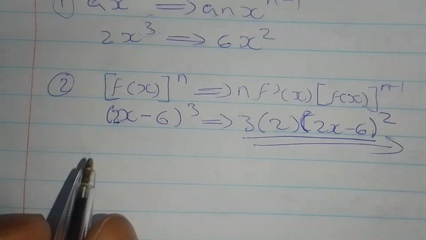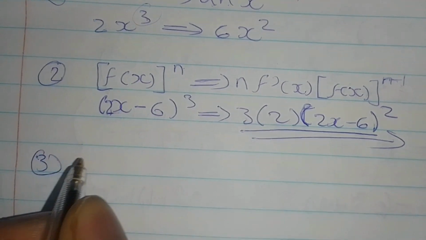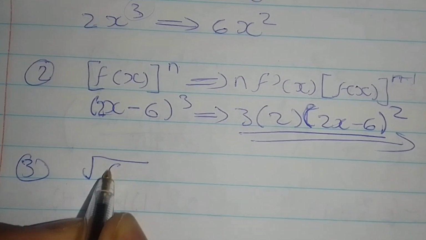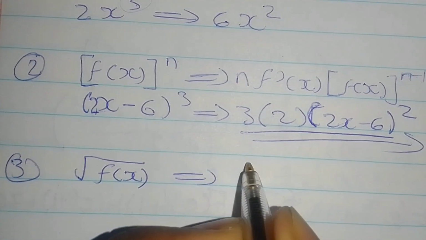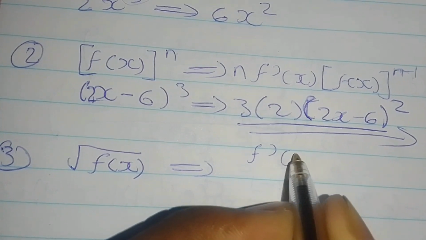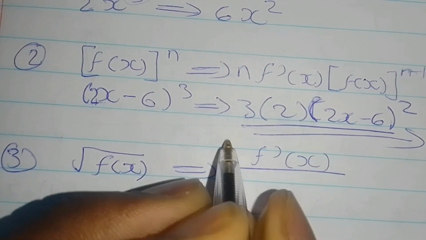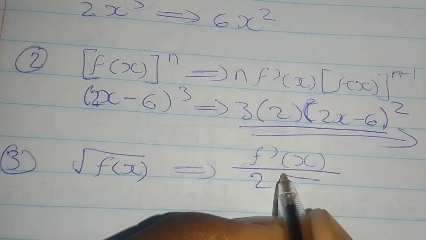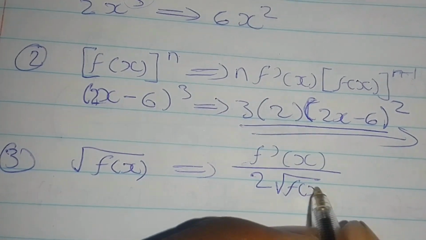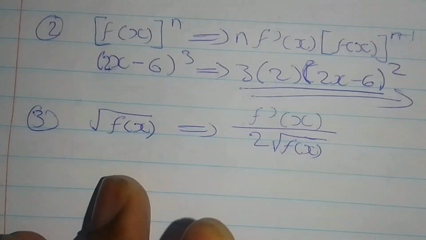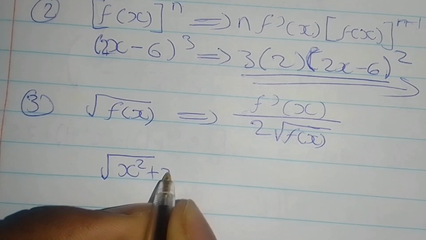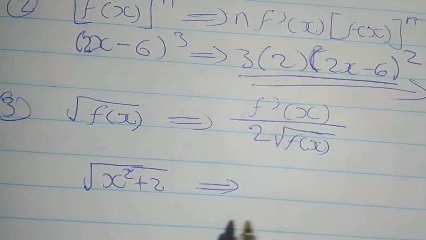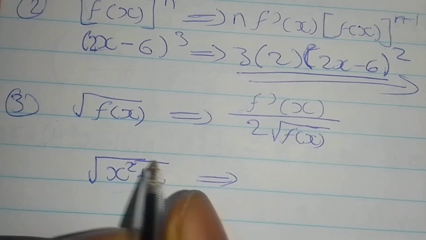The third one I would like to show you guys is if you're deriving the square root of a function. The derivative of that is going to be the derivative of what's inside the square root divided by 2 multiplied by the whole square root. What this means is that if you're deriving the square root of x squared plus 2, the derivative is going to be the derivative of the inside.